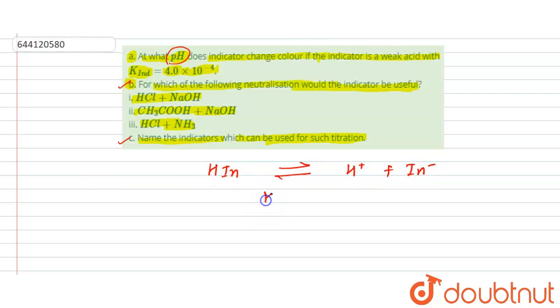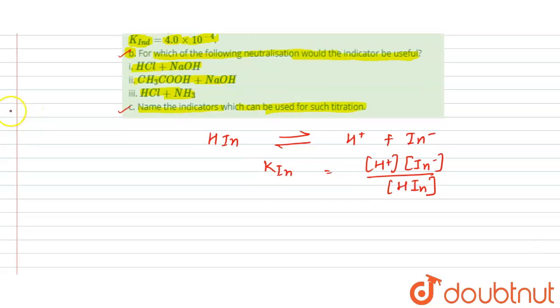For this reaction, K_In is equal to the concentration of H+ times In- upon HIn. Now the color change happens when [HIn] is equal to [In-].